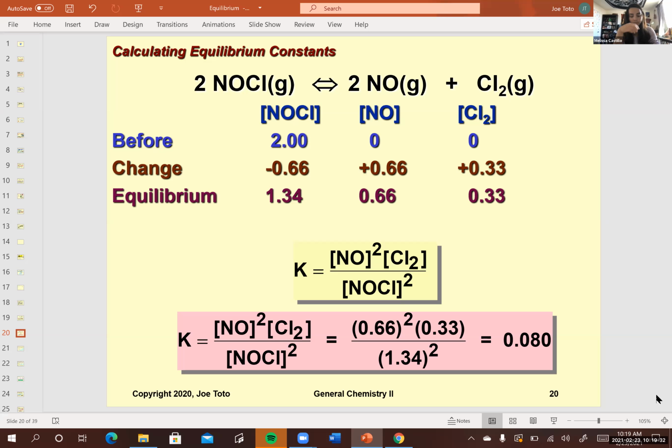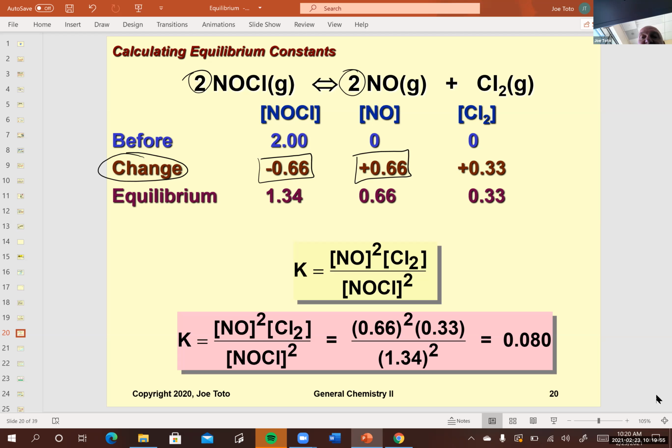Yeah, that change column, like you pointed out, is connected to those stoichiometric coefficients as far as what relates from one to the other. Since these are the same stoichiometric coefficients, the change is going to be the same here.